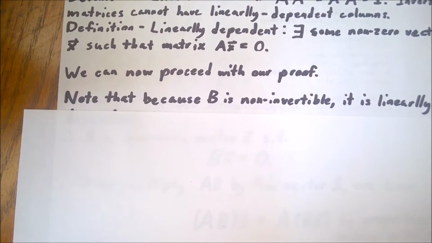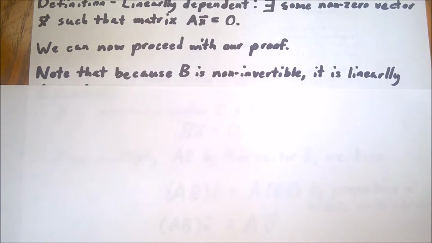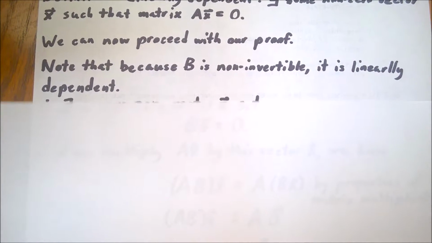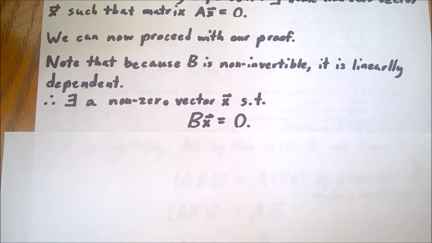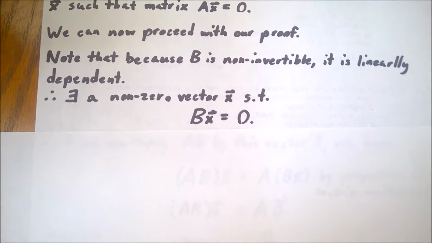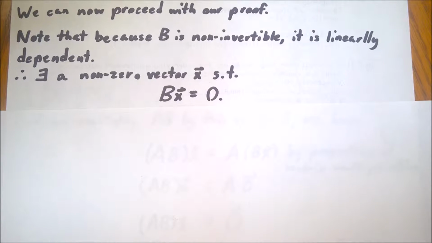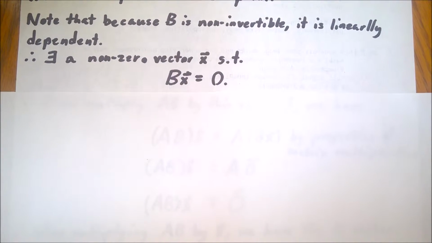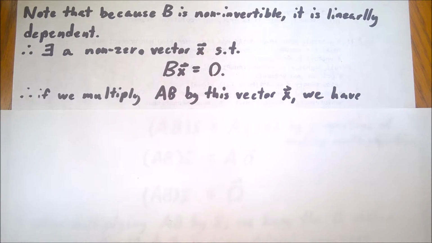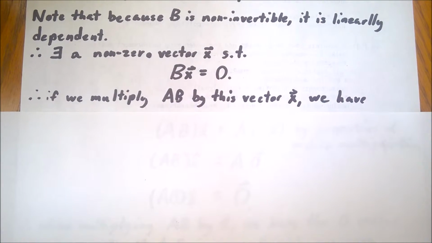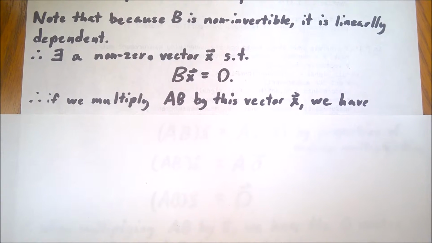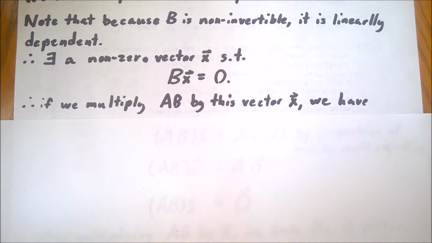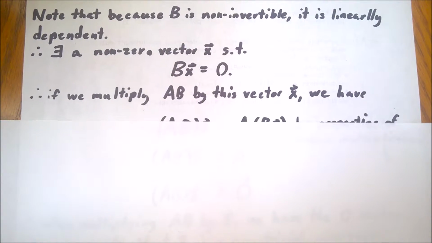So let's note that because B is non-invertible, it is linearly dependent, as per our definitions mentioned above. Therefore, a non-zero vector x exists, such that when you multiply the matrix B by x, you end up with 0. Now, if we multiply the product AB, so the two matrices mentioned above, by this vector x, we can write it as this.